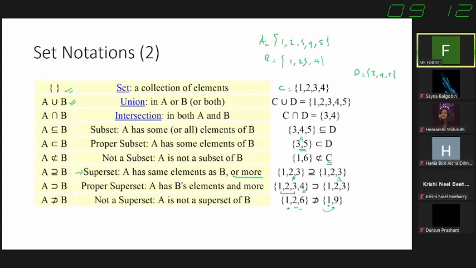So then it is a proper superset. You can see in this example right away, 1, 2, 3, 4, A has more elements than B. Okay, if it does not have all the elements from B, then it is not a superset. Is that okay, my friend? Did you understand it?